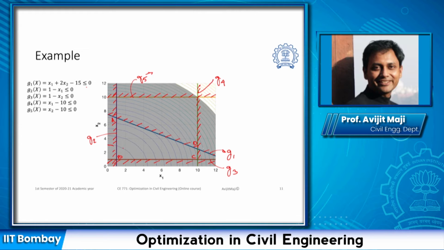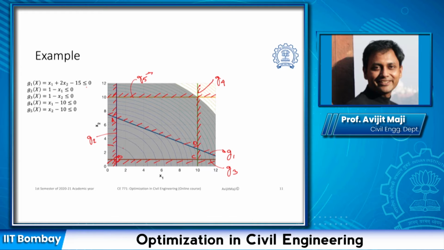So we need to find a point within this A, B, C and D where my function value, which represents the circle, is going to be minimum. Graphically looking at this, we can say that the minimum value is right here, because we cannot move any further on this side.